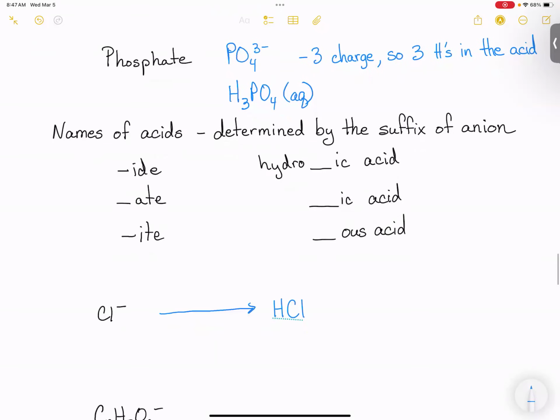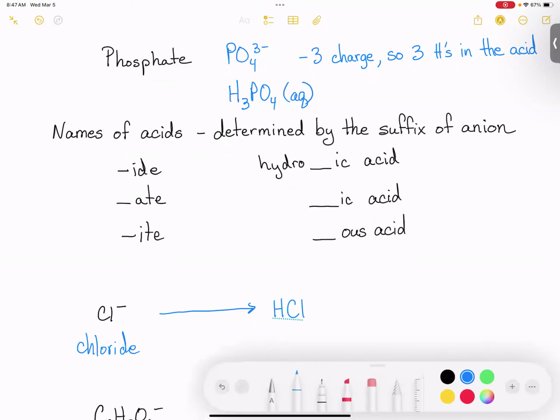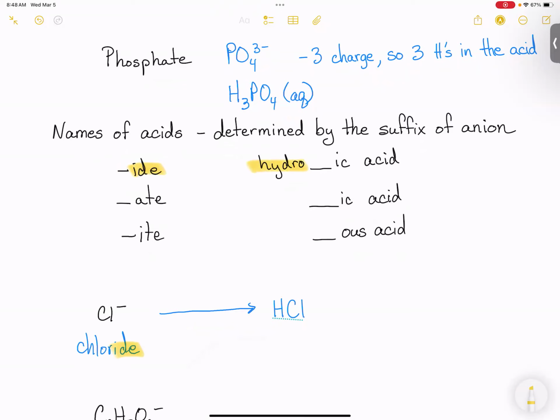Now this anion is called chloride because it ends in IDE. Anything that ends in IDE is going to get the prefix hydro followed by ic acid.